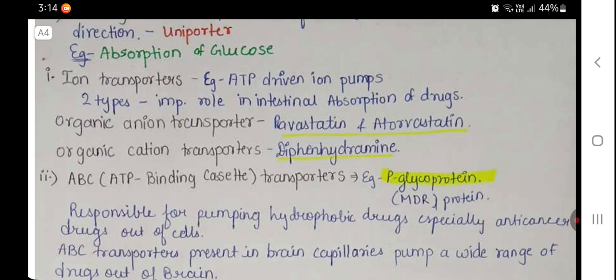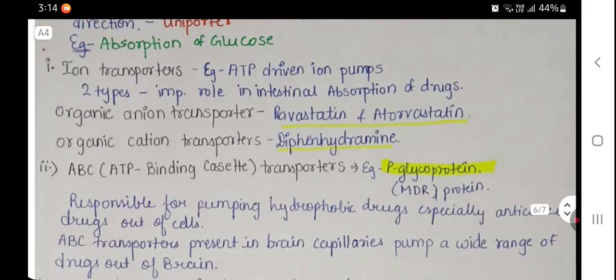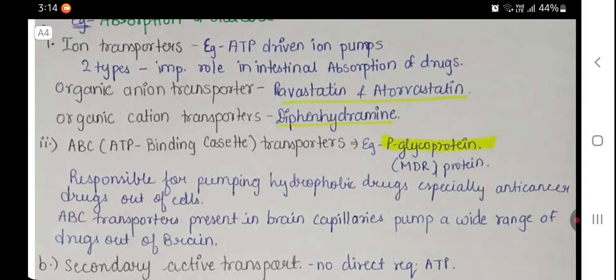This phenomenon is known as multi-drug resistance, and this is the reason we say that P-glycoprotein is also known as the multi-drug resistance protein. ABC transporters present in the brain capillaries pump a wide range of drugs out of the brain.